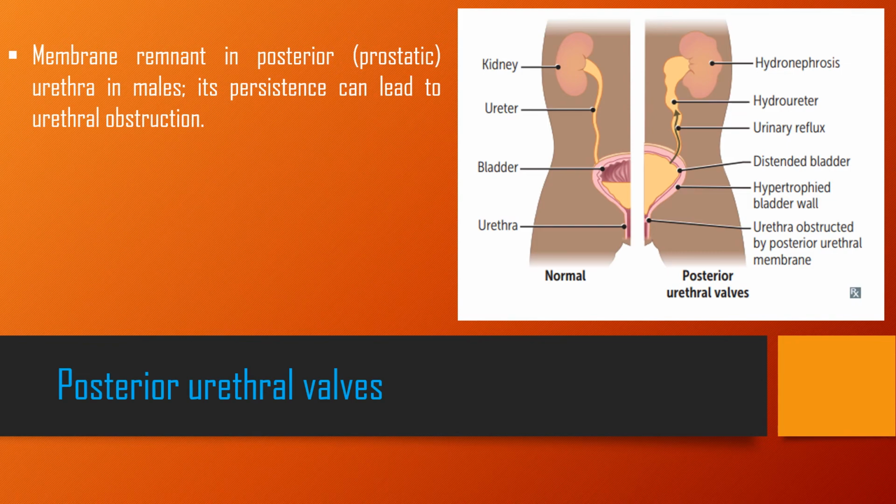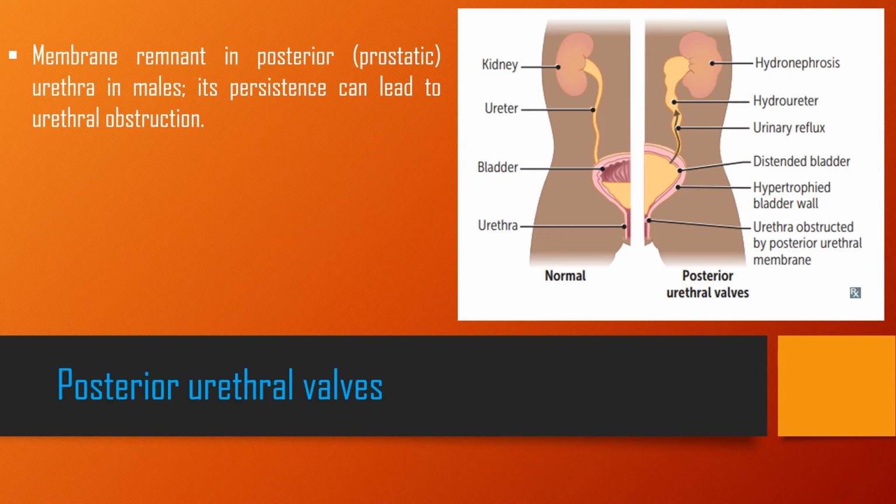So on the left, there are normal kidneys, normal ureter, normal bladder, and normal urethra, so the urine gets passed easily. And on the right hand side, there is a problem with the posterior urethra, so the urine is not getting passed easily.